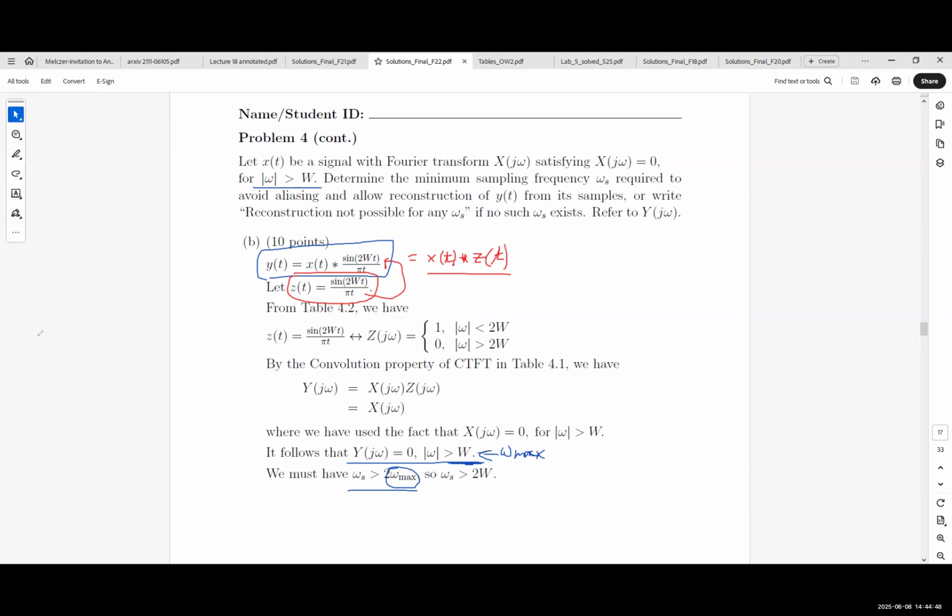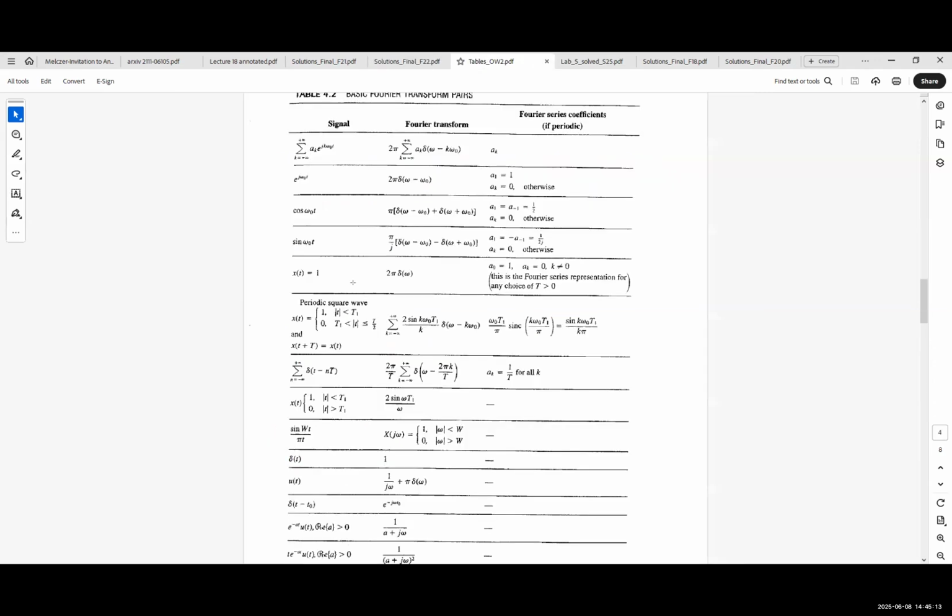Thank you. I also have another question on that problem really quick. I understand most of the reasoning, but in the sinc definition, in the sinc z of j omega from table 4.2, it said it's 1 for omega being less than 2w, and then like that table, right?